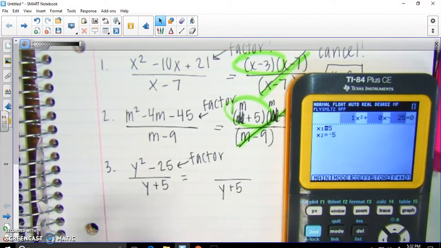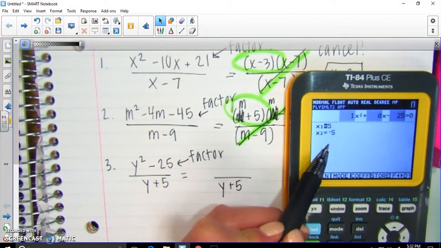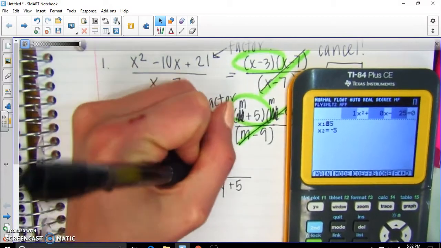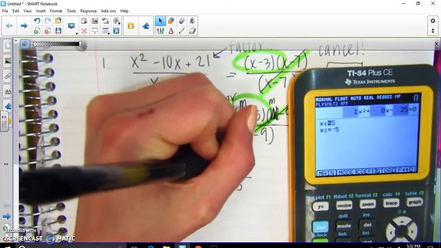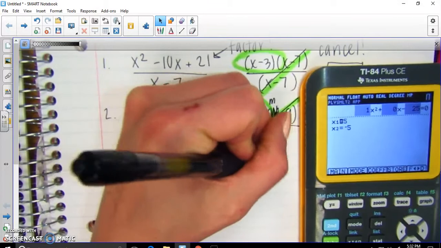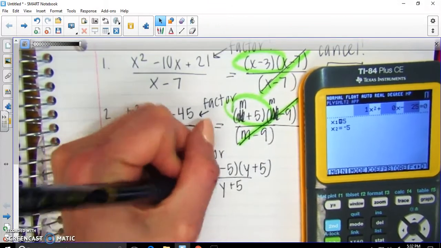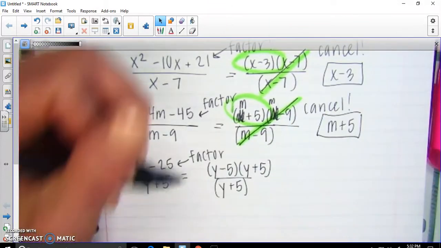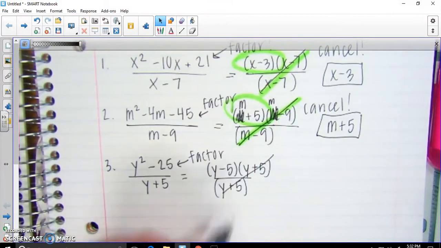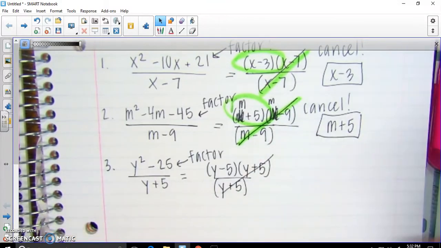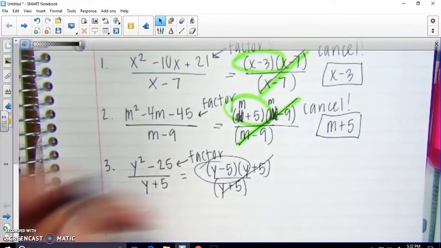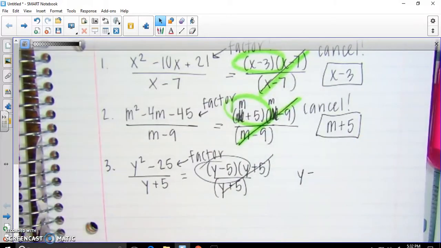All right, let's solve. So we have solutions of 5 and negative 5. We're going to switch those and say y minus 5, y plus 5. And we see that we nicely have a top and a bottom factor that match up, cancel out, and our solution is whatever's left over, y minus 5.